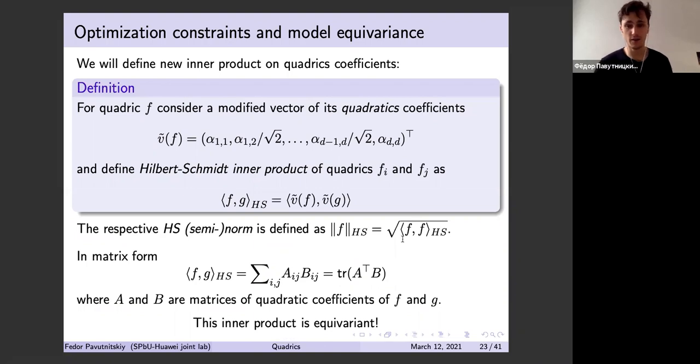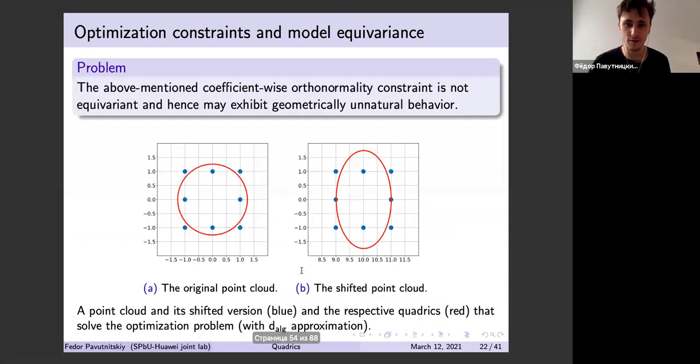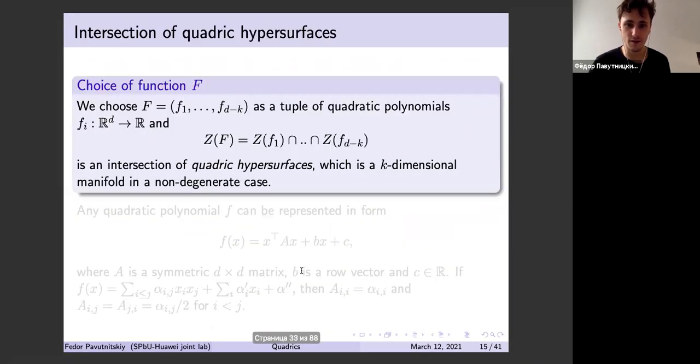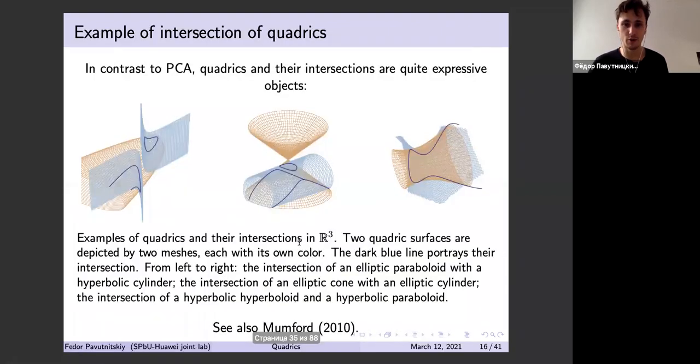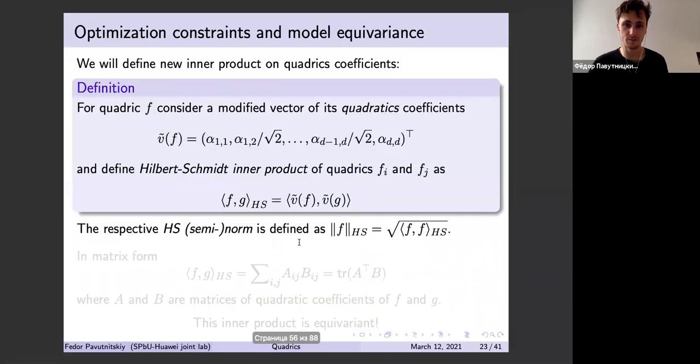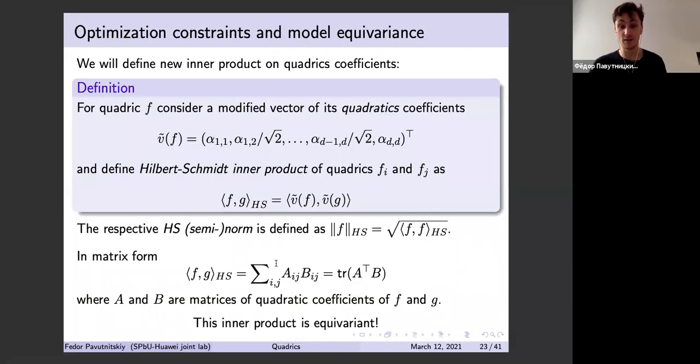In matrix form, it has a much neater formula. Let's recall that each quadratic polynomial can be written in the following form: a quadratic part represented by some matrix, a linear part, and a free term. The Hilbert-Schmidt product can be expressed using this quadratic part.